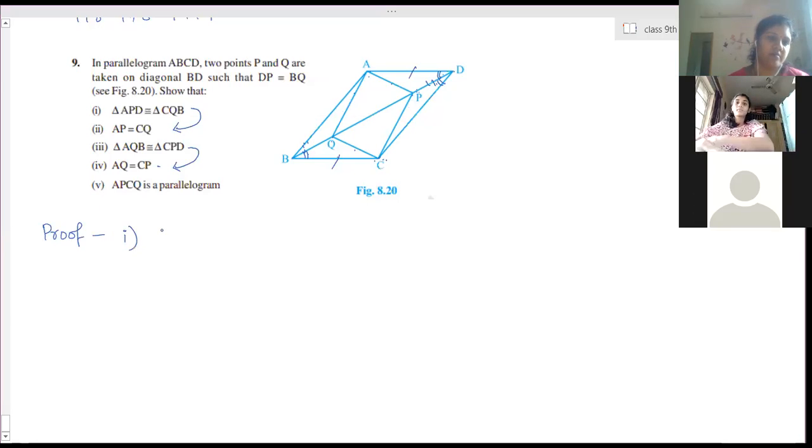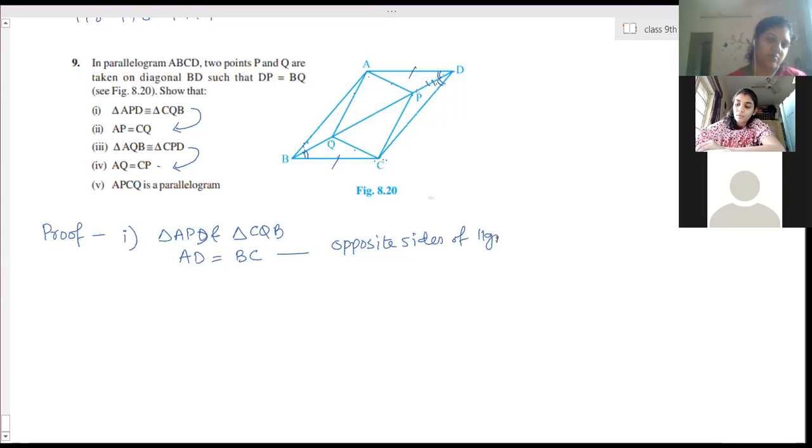Proof. First part. Triangle APD and triangle CQB. AD is equal to BC, opposite sides of parallelogram. Then PD is equal to BQ, given, and angle ADP is equal to angle QBC, alternate interior angles.